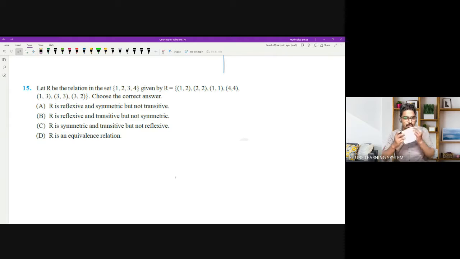R is defined on 1, 2, 3, 4, where R equals 1 2, 2 2, 1 1, 4 4, 1 3, 3 3, 3 2. Find the correct answer.